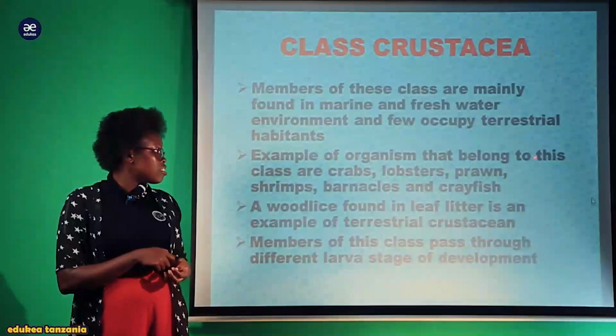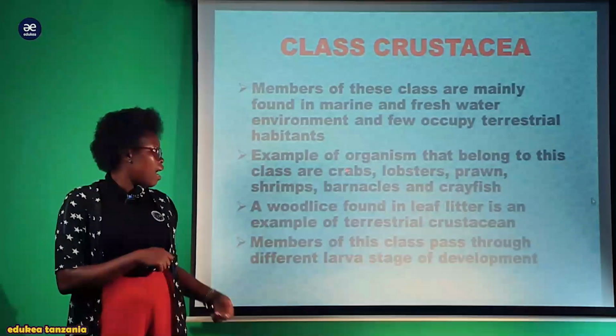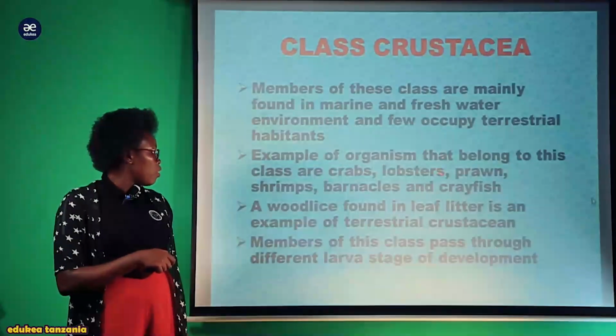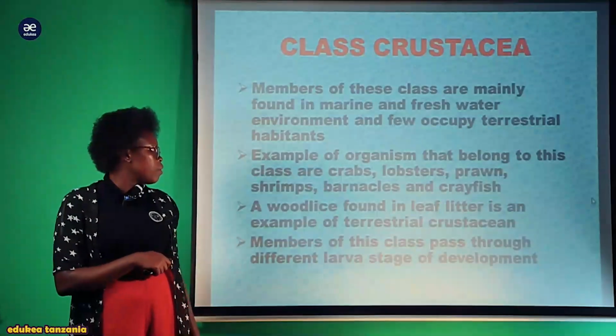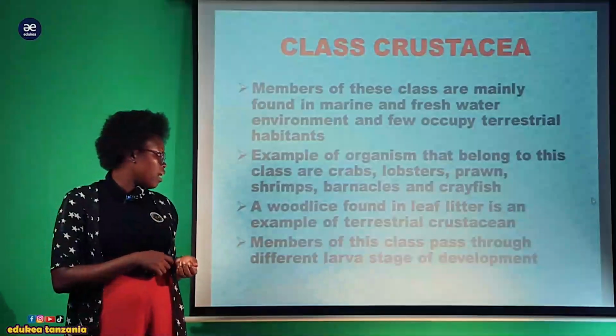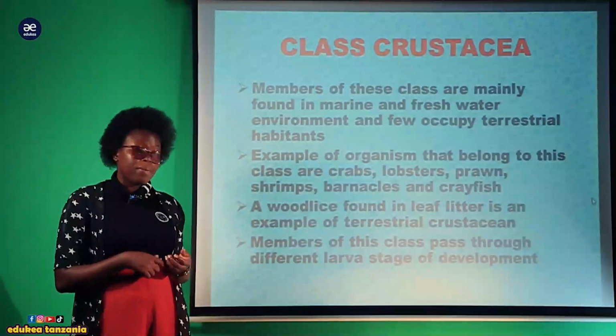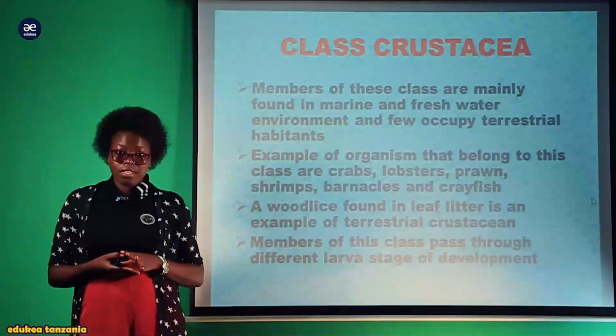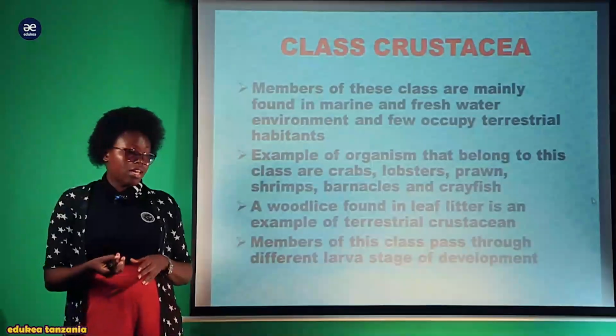Examples of organisms that belong to this class are crabs, lobsters, prawns, shrimps, barnacles, and crayfish. The most common ones are crabs and lobsters, which are very common organisms within the class Crustacea.